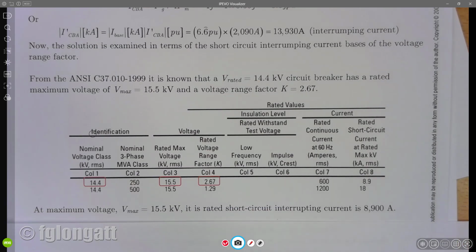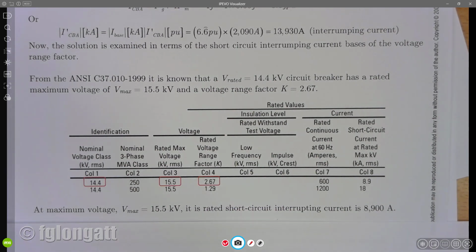When we are working at the maximum voltage of 15.5 kilovolts, the rated short circuit interrupting current is 8.9.